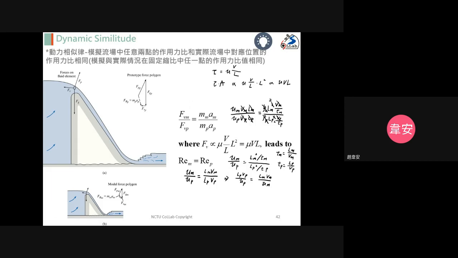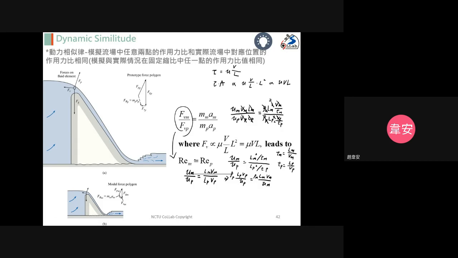And if we multiply the left hand side and right hand side with the density rho_p and rho_m, we know actually that the parameter is equal to the Reynolds number. So for this problem, if we start from the force ratio for the viscous effect, finally we have a relationship for the Reynolds numbers.